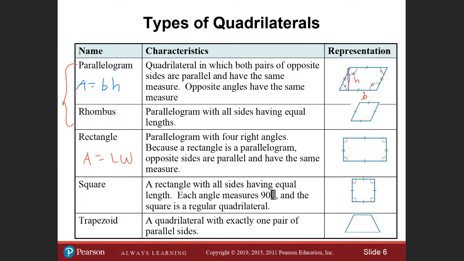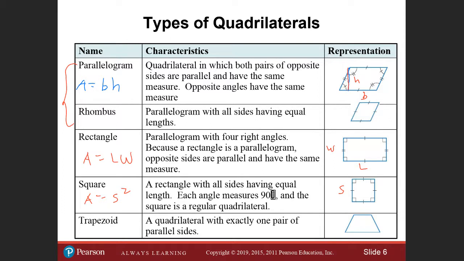So you can put W here on the shorter side and the longer side is L. For a square, if you want to find the area, area is equal to S squared, where S is the side. So side times side. That's how you get the area of a square.